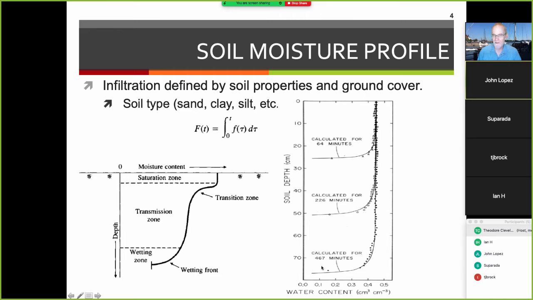On the right is some water content versus depth curves for some soil, and the behavior of the curves, it says it's calculated, so I imagine this is coming out of a soil science model.